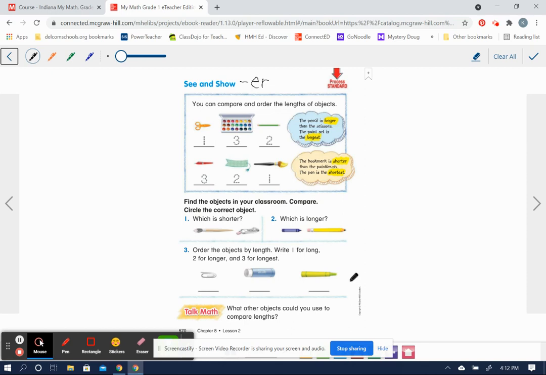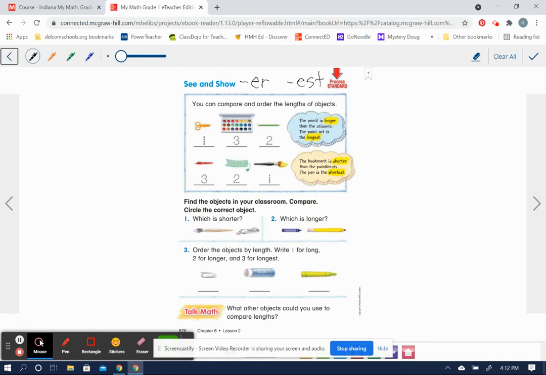If you have more than two, then we have an EST ending. Okay, so longer and longest. Longest means you're comparing three or more items. All right, so it says you can compare and order the lengths of objects. The pencil is longer than the scissors.